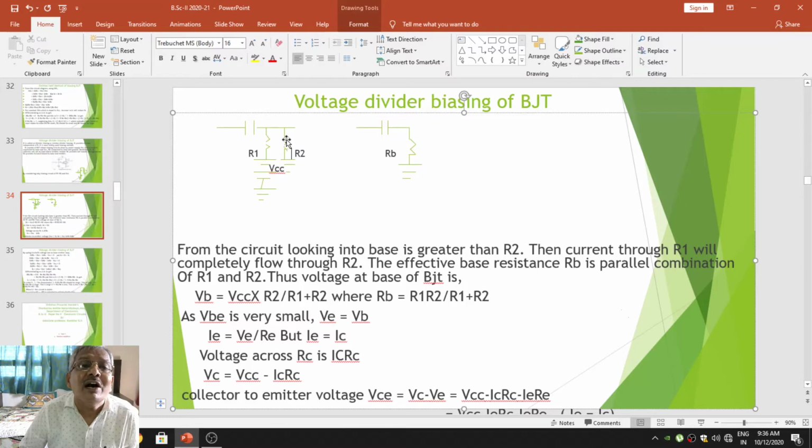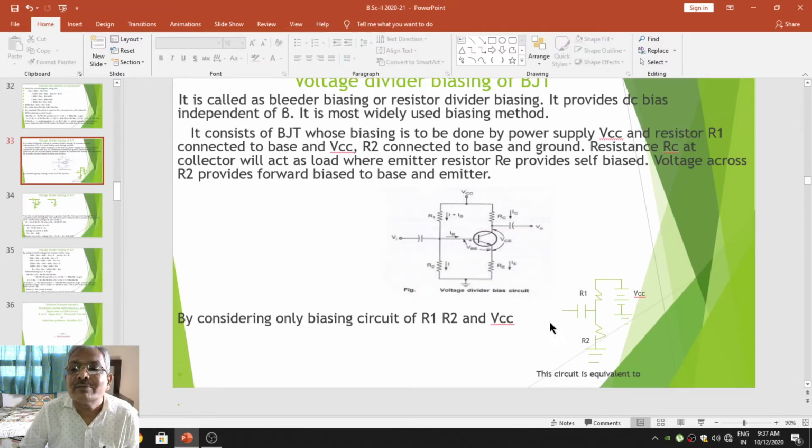This is R2. R2 is connected to R1 and to this the capacitor is connected. This diagram is the same as this diagram. Look at it. To the combination of R1 and R2 the capacitor is connected. To R1 VCC is connected. R2's other terminal is grounded. Try to remember this.